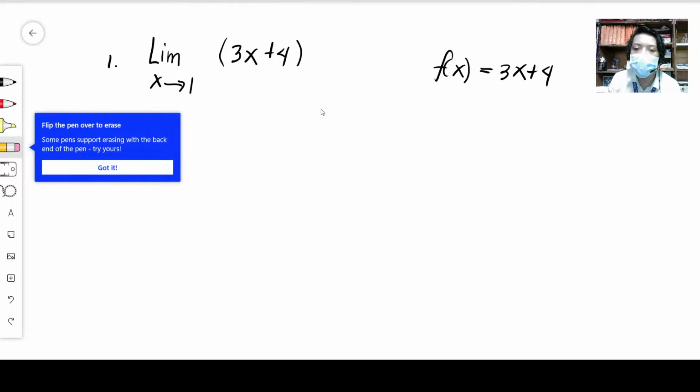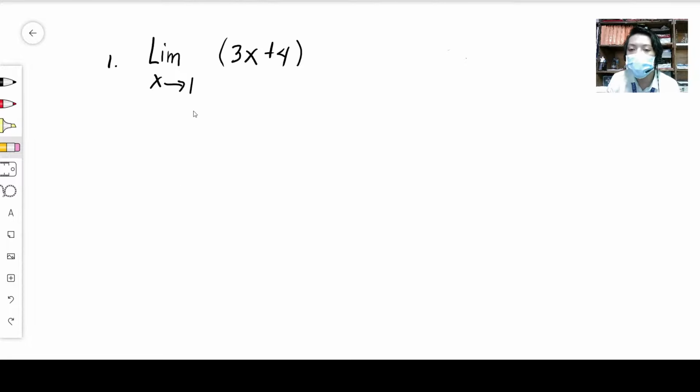For this case, we can automatically substitute this number here. We substitute the value of x, as x approaches 1. So you substitute 1 for x.